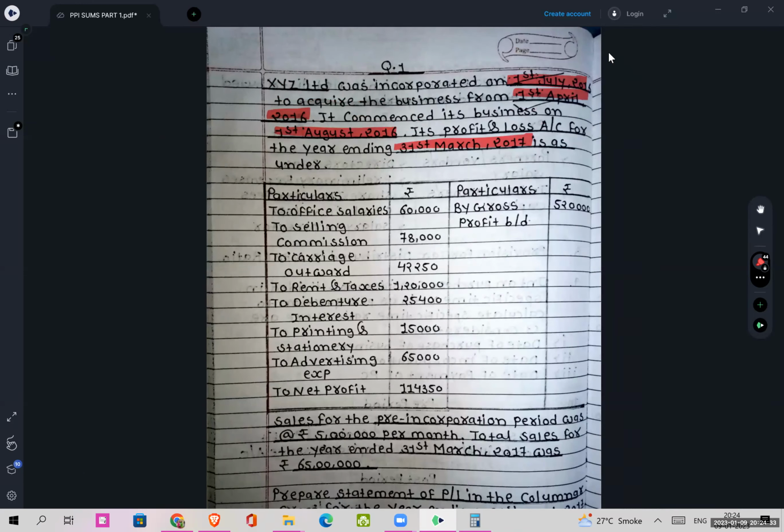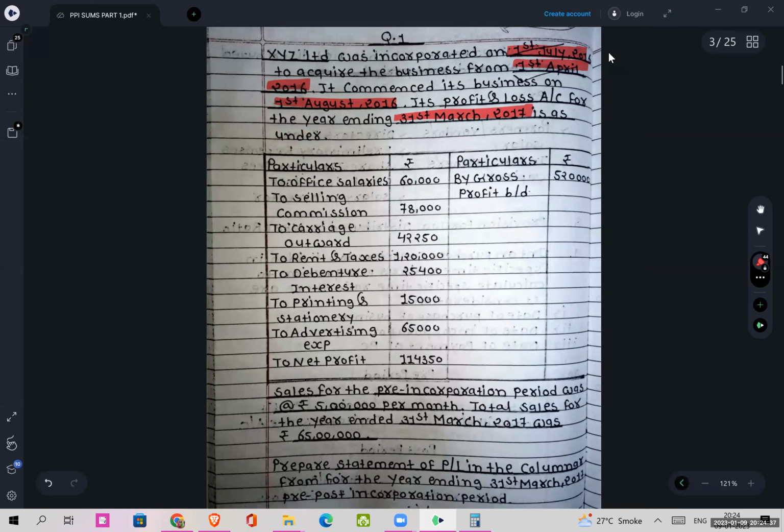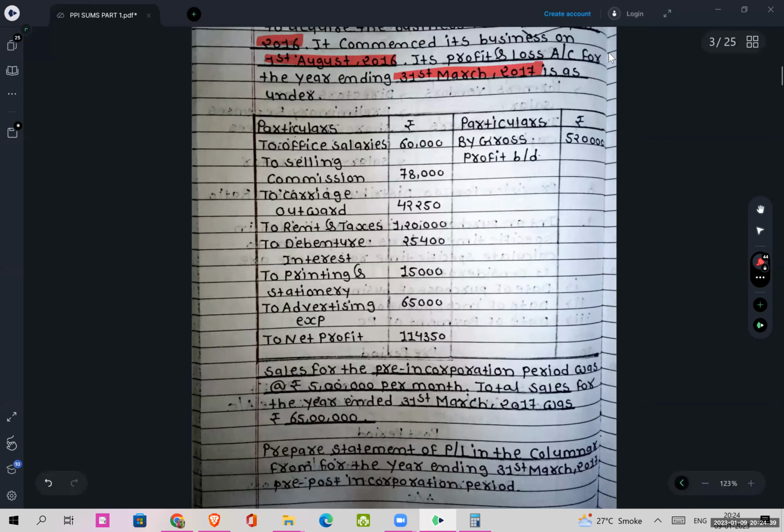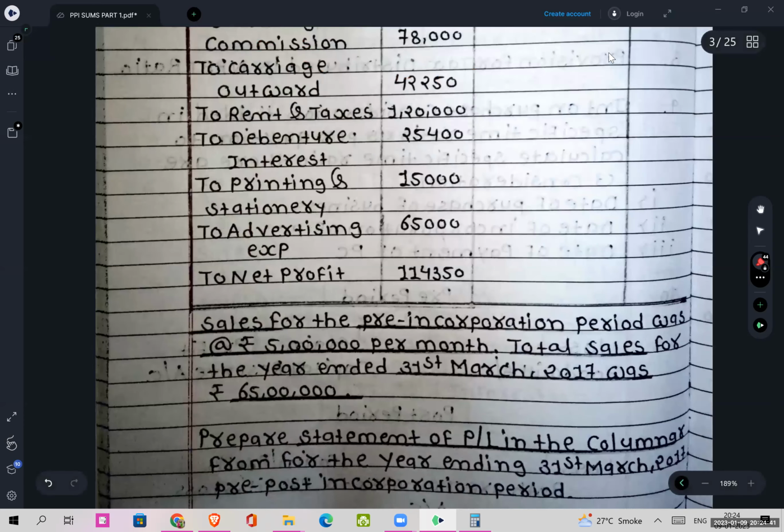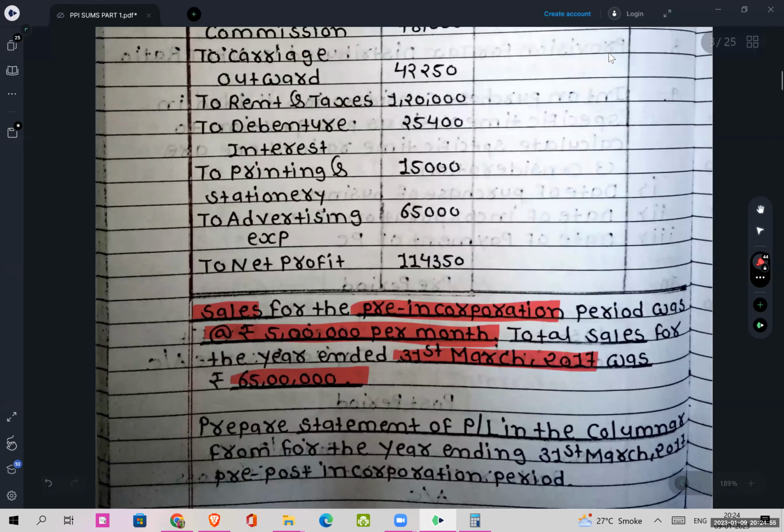So this is the P&L that they have shared with us. Sales for the pre-incorporation period was 5 lakhs per month. Total sales for the year ended 31st March 2017 is 65 lakhs. Only this much info is there.